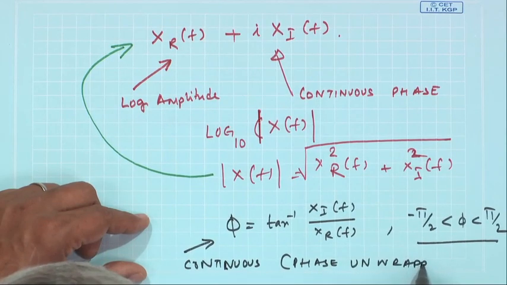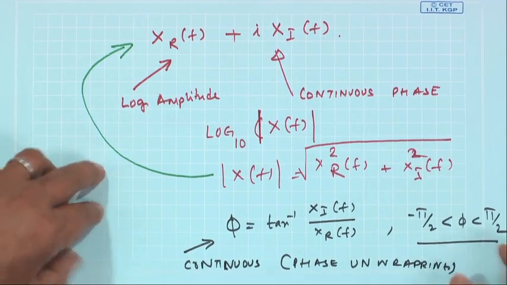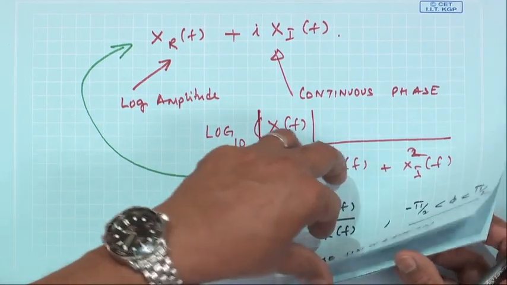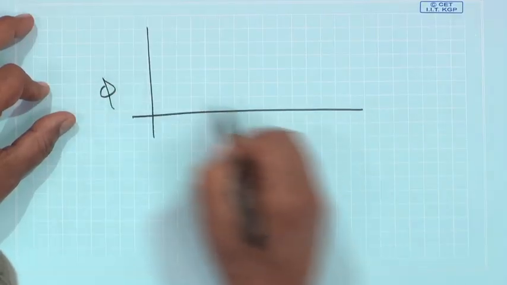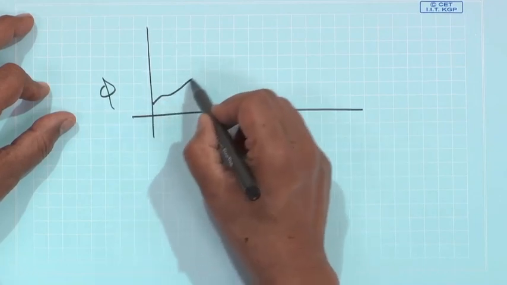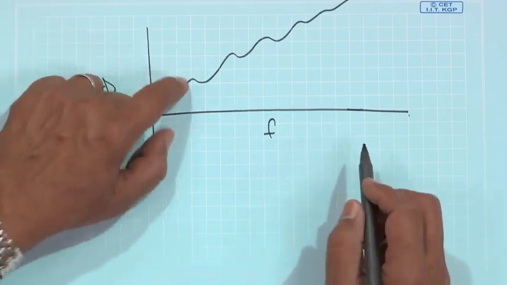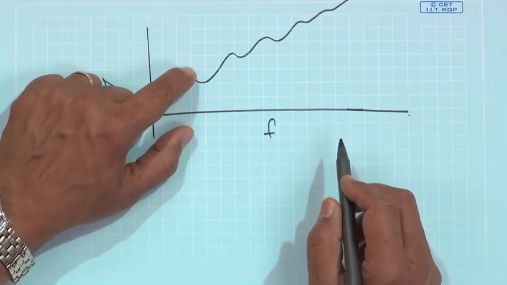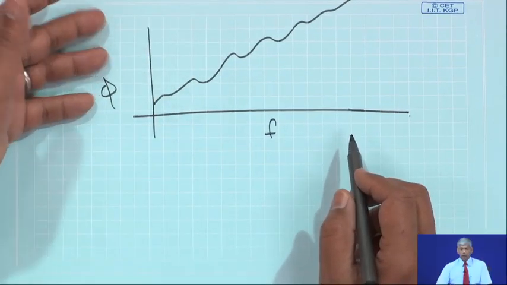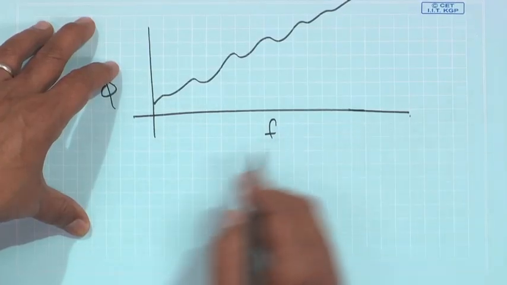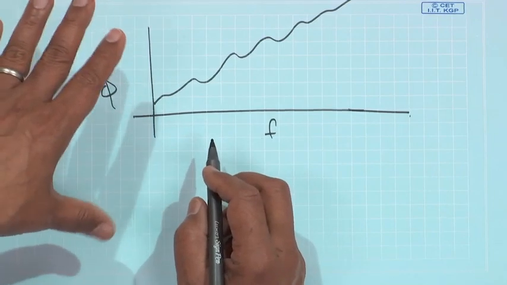So, phase will not jump, but it will have a continuous signal like this with frequency, because I need to give you a continuous signal. So, the phase may look like this. It is a continuously varying phase. So, this becomes the imaginary part and I have the real part as the log amplitude of the signal. So, if I do an inverse Fourier transform, I will get what is known as the Cepstrum.